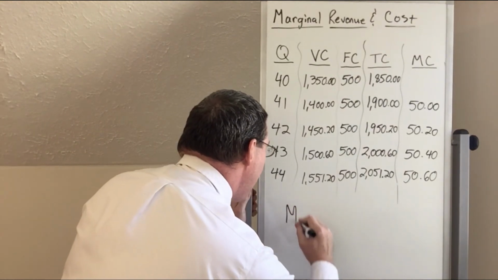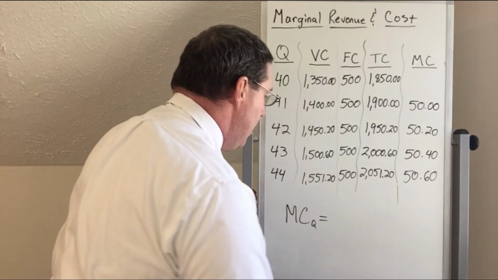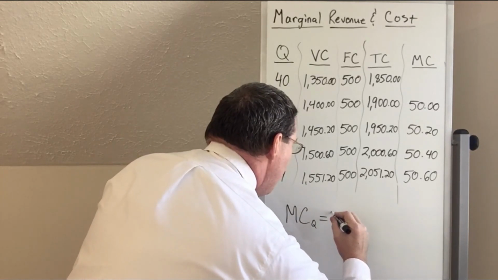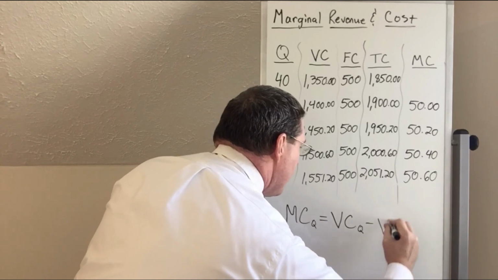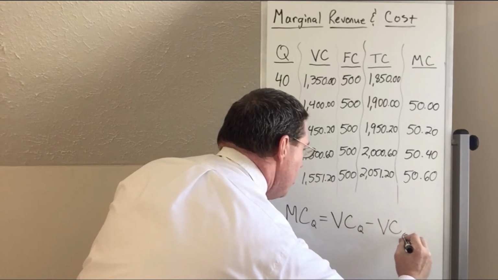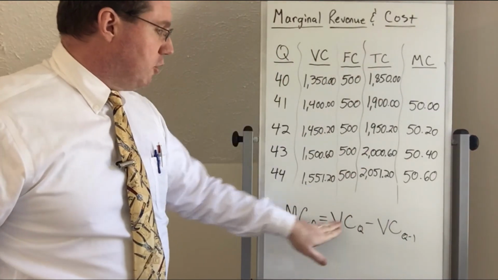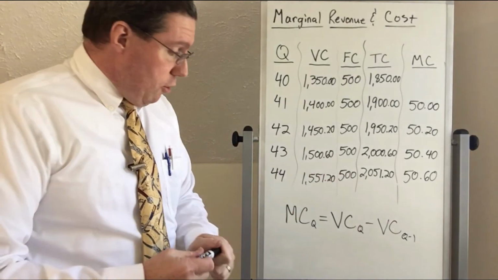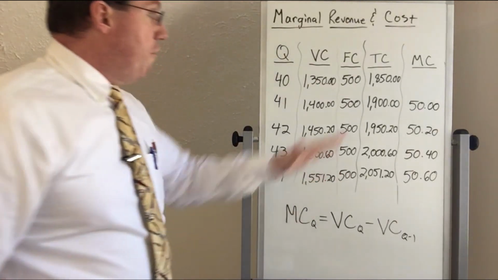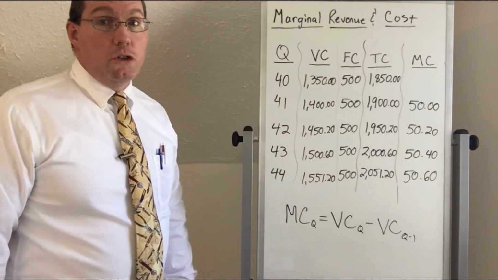We can also say that the marginal cost of the Qth unit is equal to the variable cost of the Qth unit minus the variable cost of the Q minus 1 unit. It's the exact same formula as if we had total cost. Change the T to a V, it's the same formula. So all I want you to understand is that you can find marginal cost using just variable cost if you don't have total cost.